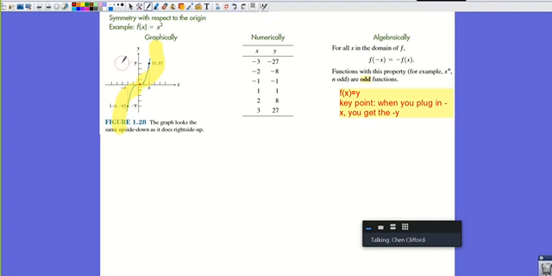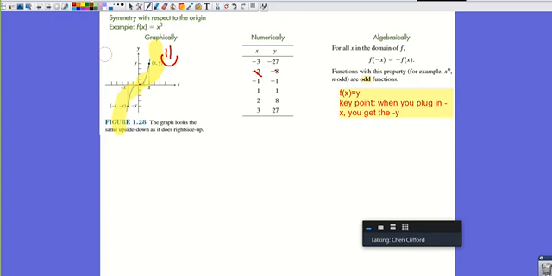This is also an odd function if it looks like this. That's not the best drawing, but you get my point. This is also an odd function if you get something like this.